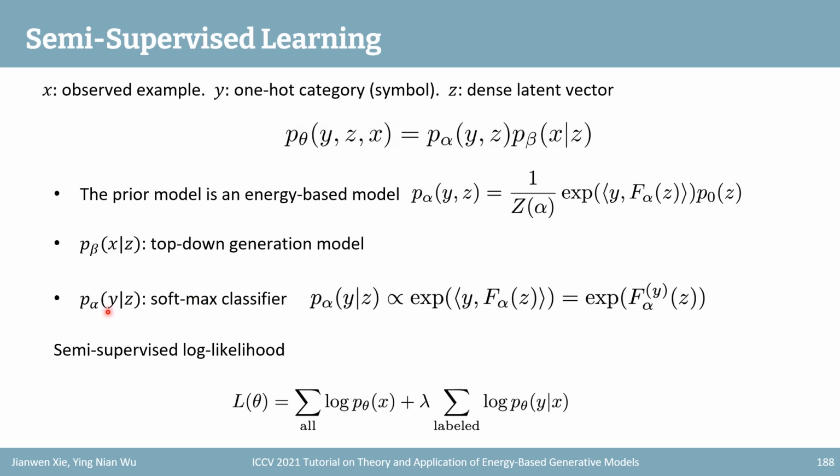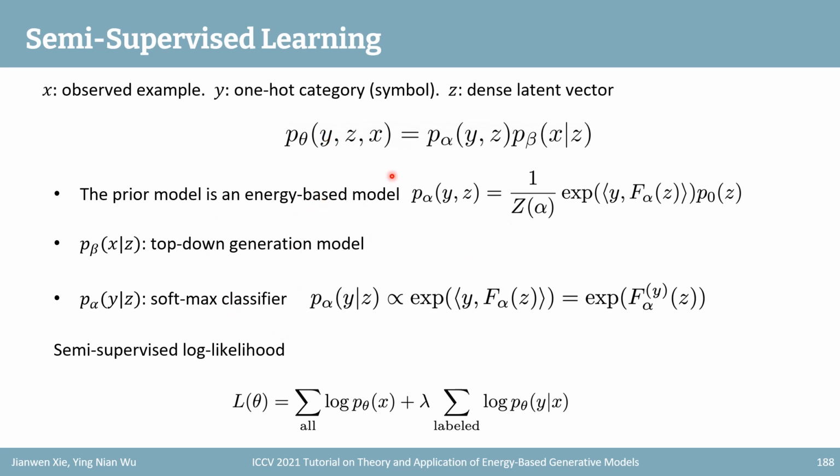And p_alpha(Y | Z) is just a softmax classifier. So we learn a regular softmax classifier in the latent space, where supposedly Z should extract all the information in X that is relevant to the classification, to the class label or category Y.